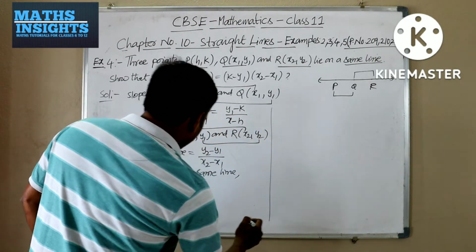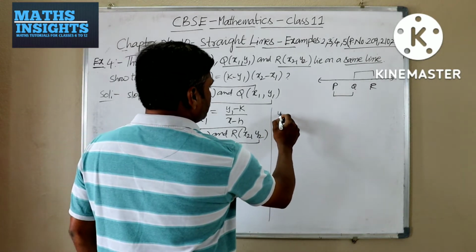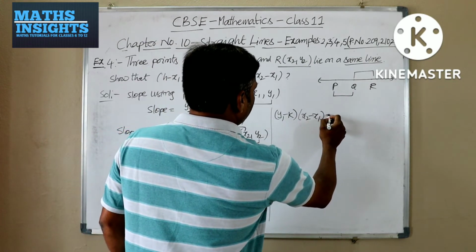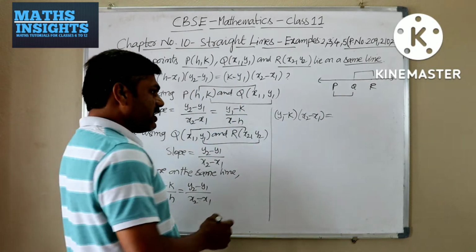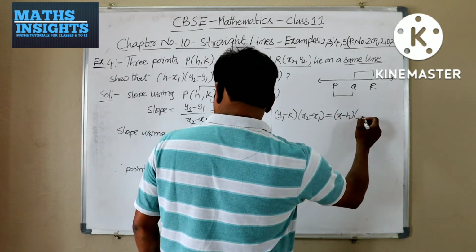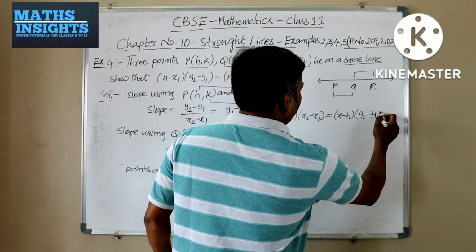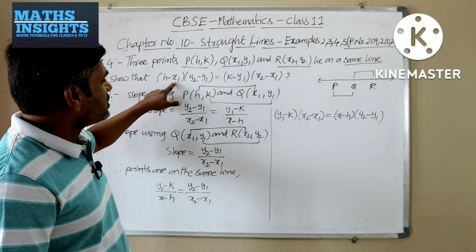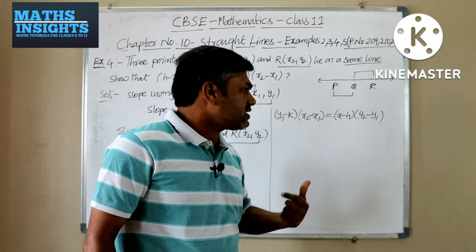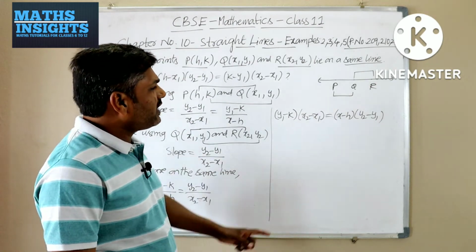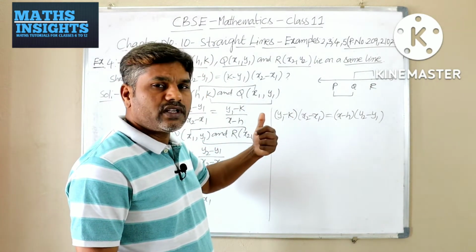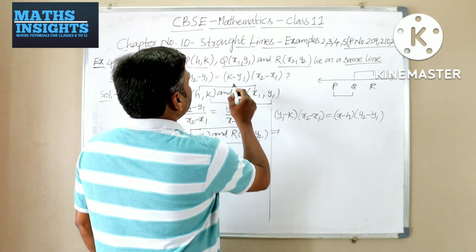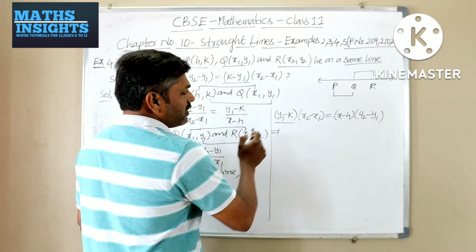If you do cross multiplication, y1 minus k into x2 minus x1 is equal to x1 minus h into y2 minus y1. Check whether you got the required answer or not. Here h minus x1 is there, here x1 minus h is there, so you have to take minus 1 on both sides and you will get the required answer. Here also you require k minus y1, but you have y1 minus k.